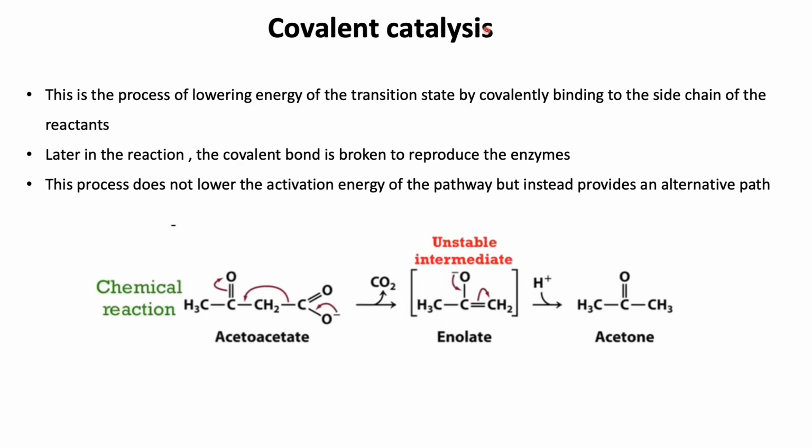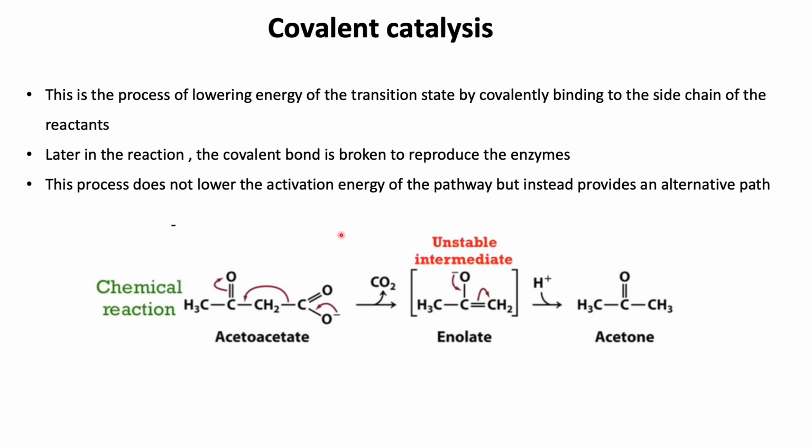Another mechanism is covalent catalysis. This is the process of lowering the energy of the transition state by covalently binding to the side chain of the reactants. Here the enzyme cycles between two states. At first it covalently binds with the reactant or the substrate, and then during the later stage of the reaction, this covalent bond is broken to reproduce the enzyme.